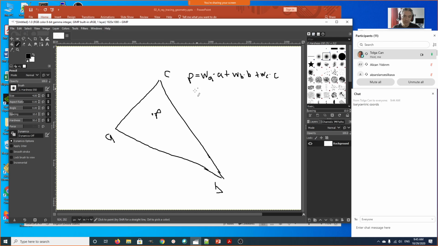When I say it's like a weighted average of the three corners, what I mean is that these are really like weights, which means that all three of them, WA, WB, WC, are between 0 and 1. And since they're a weighted average, we also require the summation to be equal to 1.